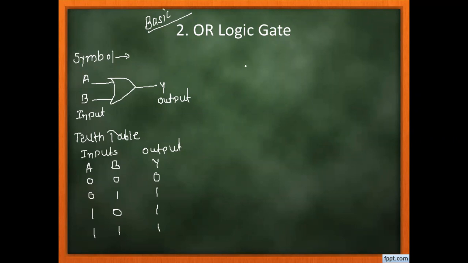Now this function can be expressed with the help of a Boolean equation, and that equation is: output Y is nothing but A plus B. This plus sign does not indicate binary addition; this is a Boolean equation, and in it the plus sign indicates the OR function, or OR gate logic.